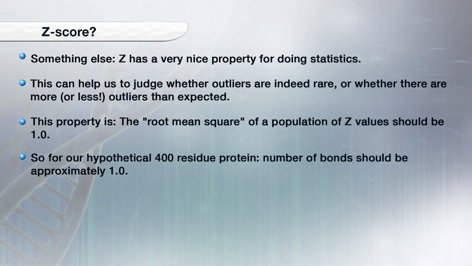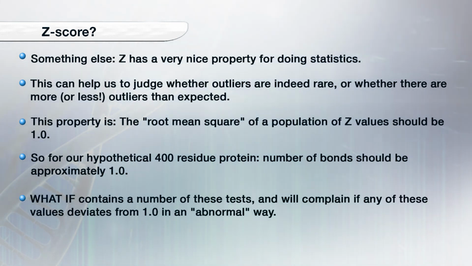So, for our hypothetical 400 residue protein, the RMS Z score of the bonds should be approximately 1. WHAT IF contains a number of these tests and will complain if any of these values deviates from 1.0 in any abnormal way. This is normally a very sensitive indicator.